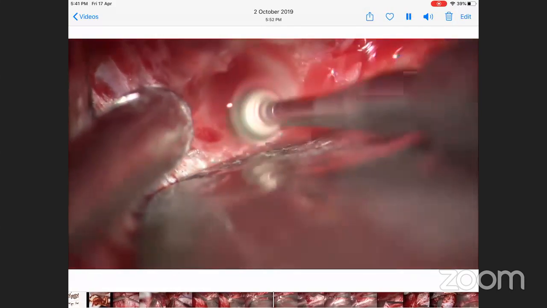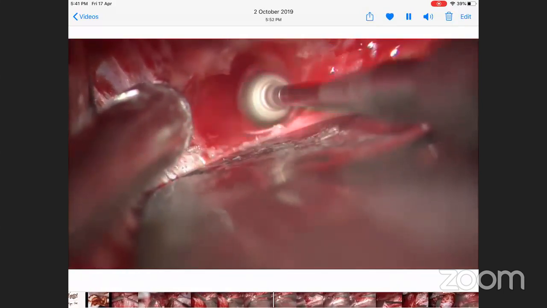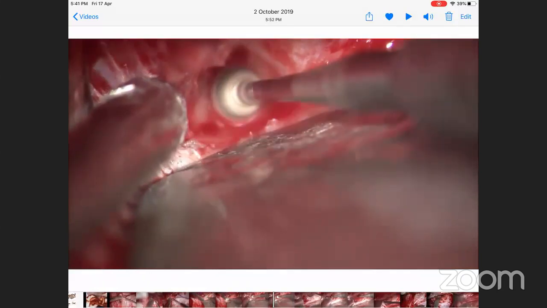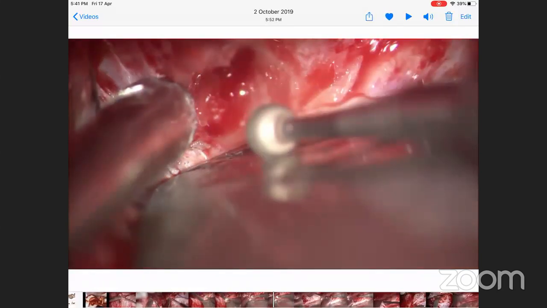So what are the chances of rupture of aneurysm during drilling, sir? And how do you manage if it is ruptured? Okay, it's almost nil, because I'm using no force at all, and the dura is between me and the aneurysm.